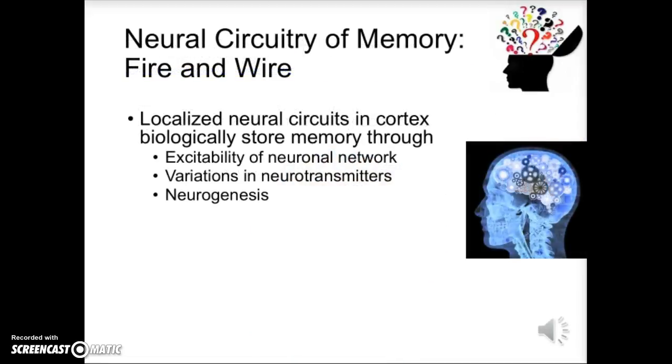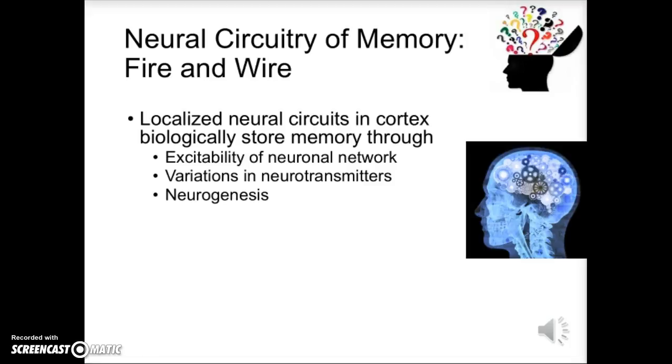Now, when you create a memory in long-term memory, what you're actually doing is changing a small portion of the neural circuitry in the cortex. That's where those memories are biologically stored. So what happens is you change the excitability of a set of neurons in the network.